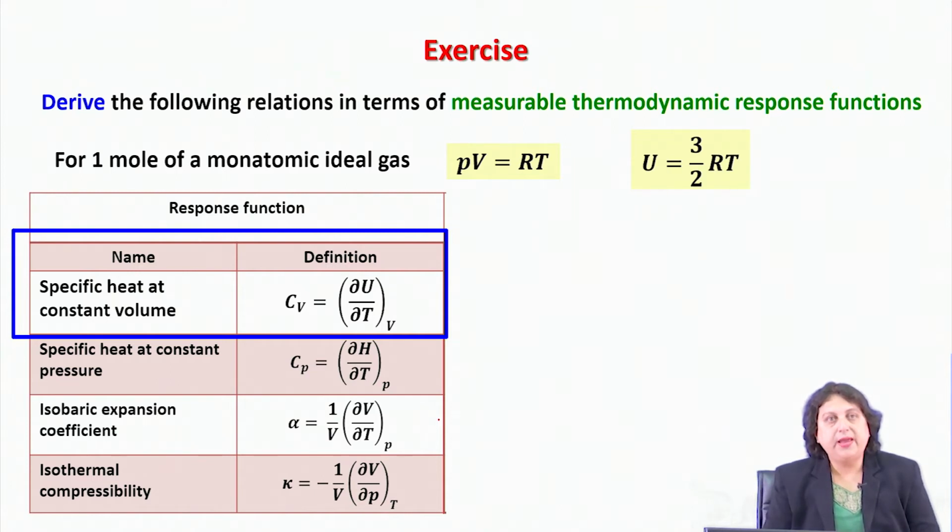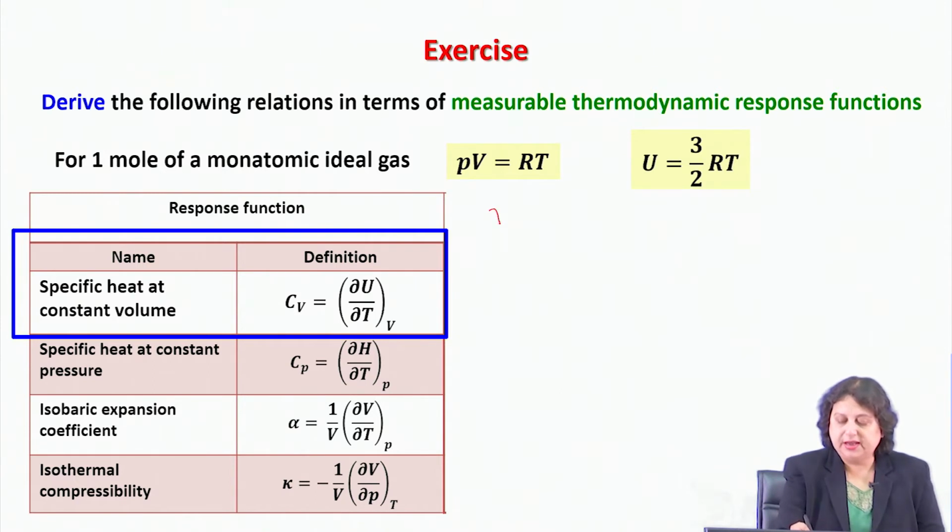Now, if I had n moles of this monatomic gas, what would be the value of U? I know that U is an extensive property. So, for n moles of the ideal gas, I will have U is equal to 3/2 nRT.